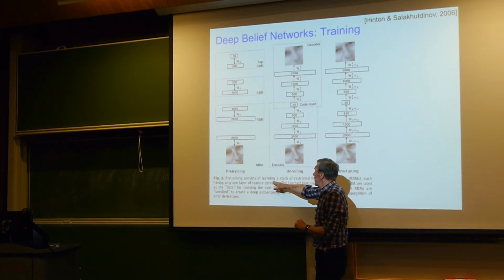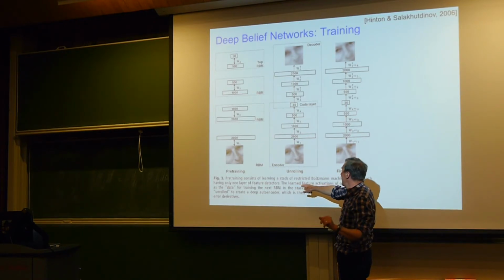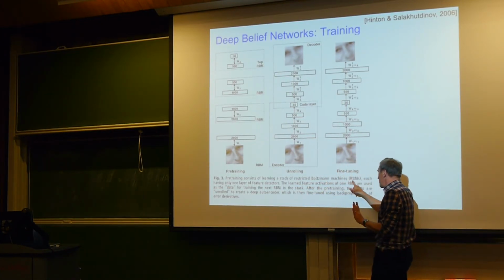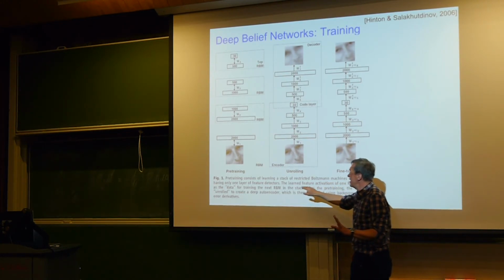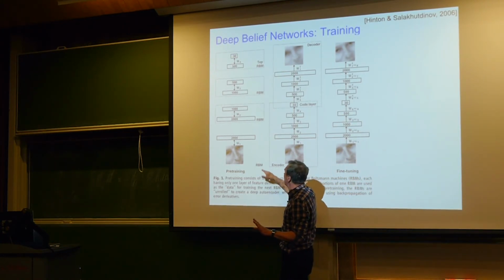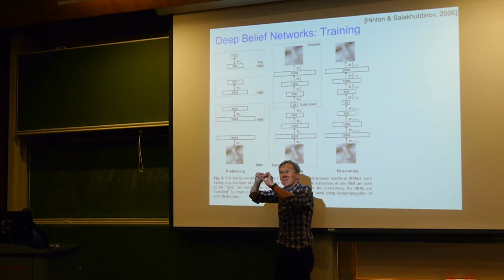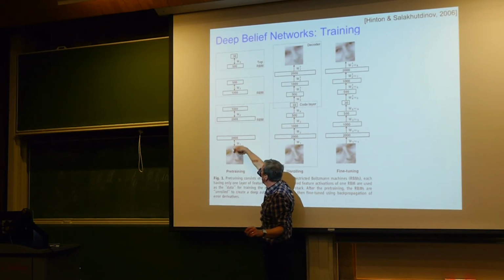They said pre-training consists of learning a stack of restricted Boltzmann machines, each having only one layer in it. So they learn weights that map from the face to a 2,000-dimensional hidden layer and back to reconstruct the image.